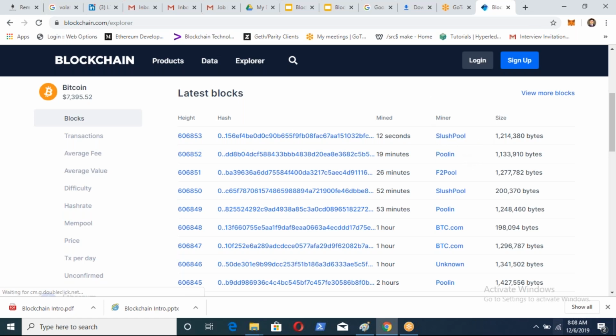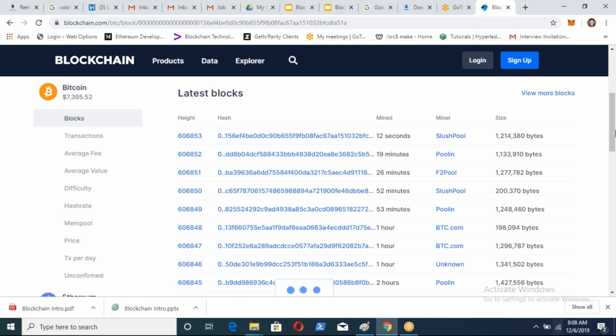See, nowadays what's happening is, suppose I have a CPU or a GPU, that resource is not enough to do the mining, because nowadays the Bitcoin value is very high. It's nearly 5 lakhs, right? So the competition for mining is very high, because when one block is mined, we will get 12.5 bitcoins plus.